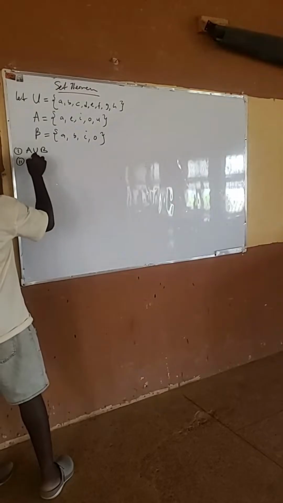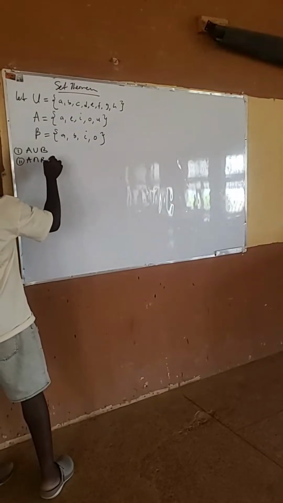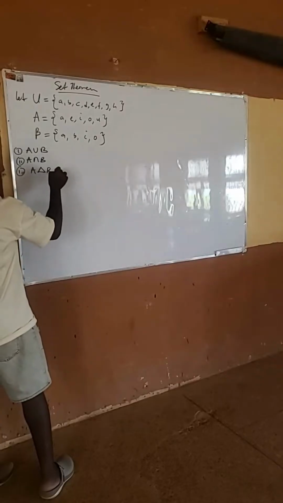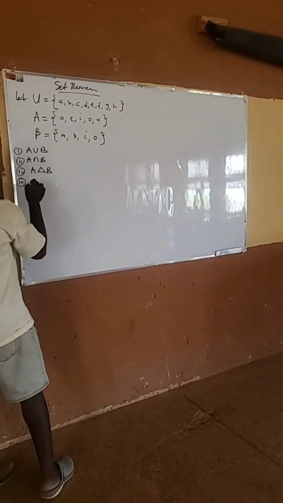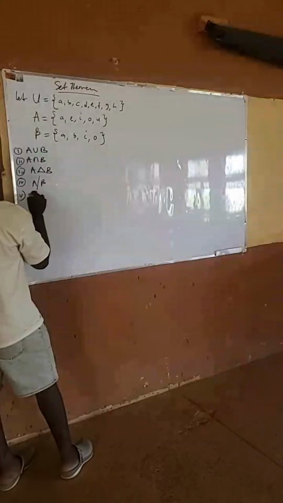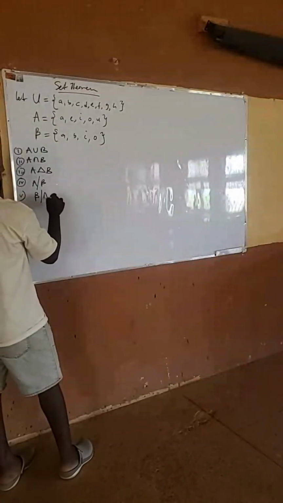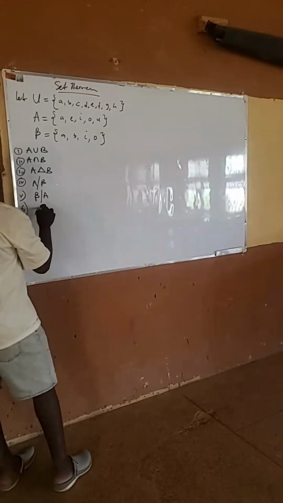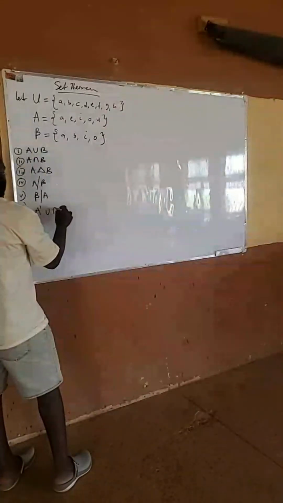The second question said we should find A intersection B. The third question said we should find A symmetric B. The fourth question said we should find A difference B. The fifth question said we should find B difference A. The sixth question said we should find A prime union B prime.